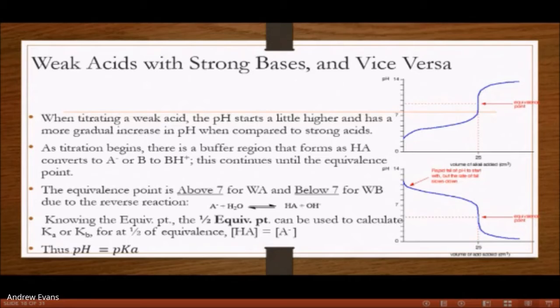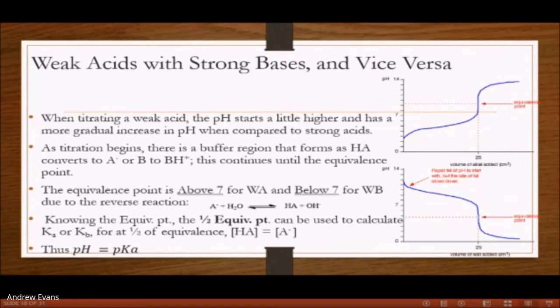Is this acetic acid? Is this boric acid? Is this ammonium? We can figure that out by actually doing this titration. It makes our life a whole heck of a lot easier. That's one way to determine the identity of an unknown acid, as long as it's weak.